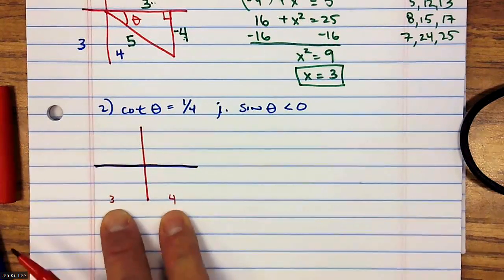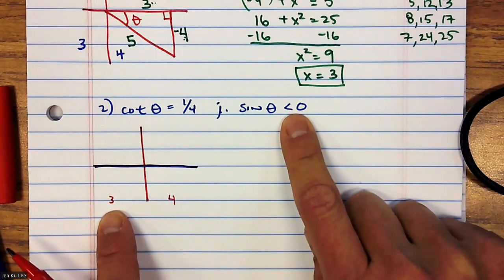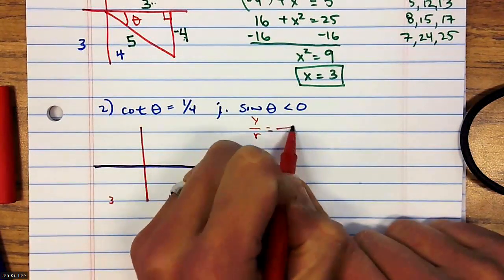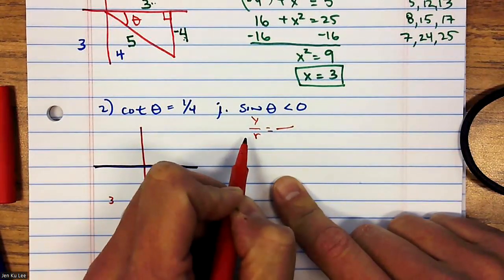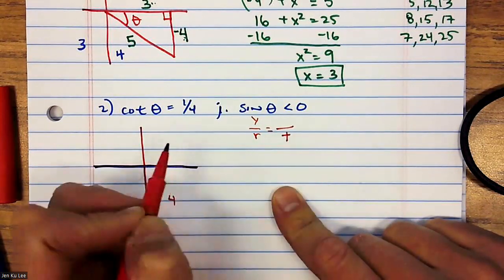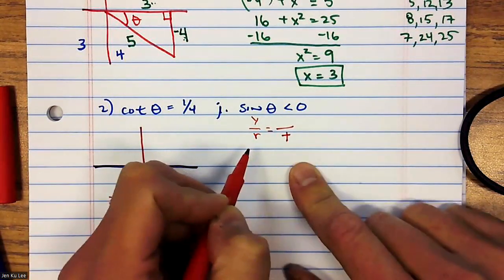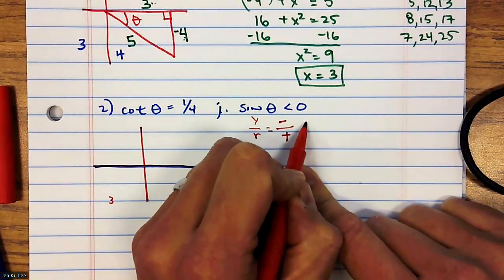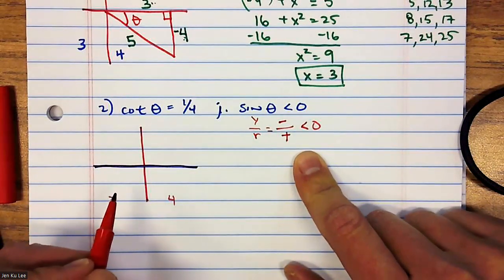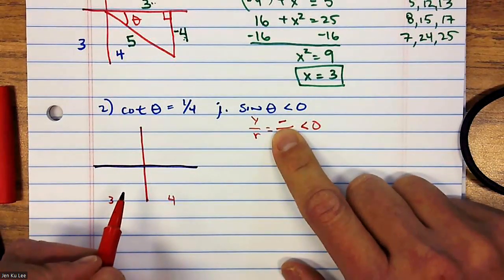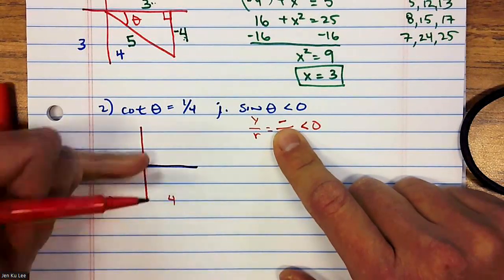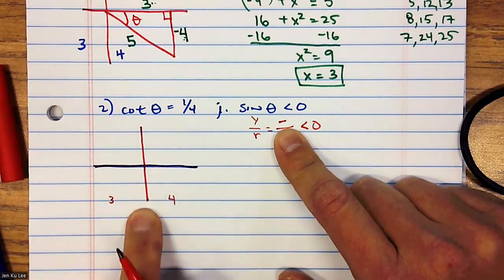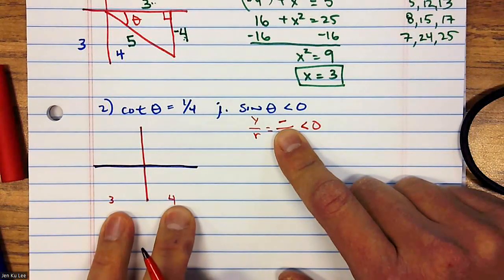Do we understand 3 and 4? Sine is negative, and sine is y over r. My r is always positive, so my y needs to be negative in order for this to be less than 0. If my y is negative, that's my third or fourth quadrant.